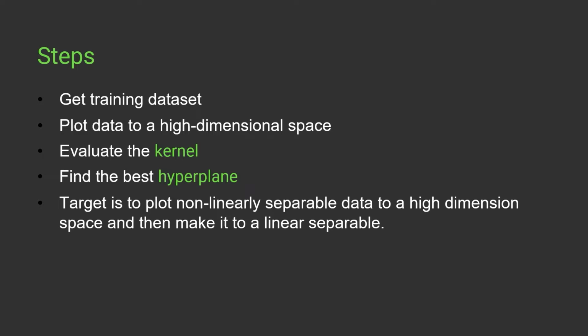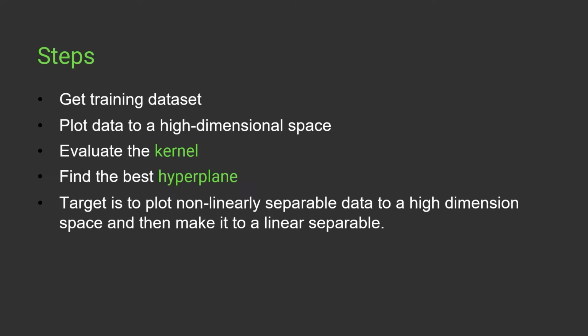After making that data linearly separable, we plot a hyperplane in it. It is more or less similar to linear regression, but here we can deal with high dimensional data or non-linearly separable data. In linear regression we are bound to work on a linear data set only, but with a support vector machine we can work on non-linear data with much ease.